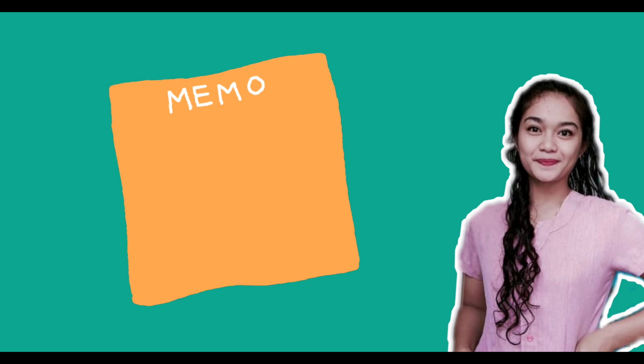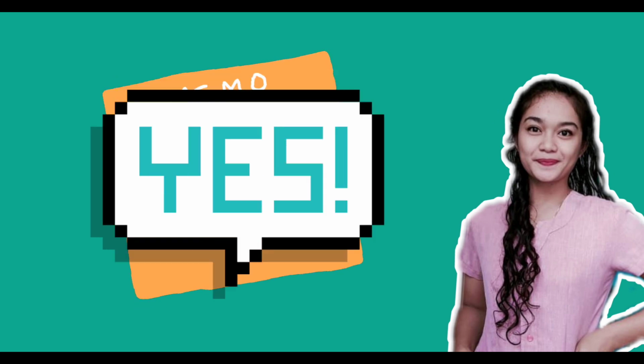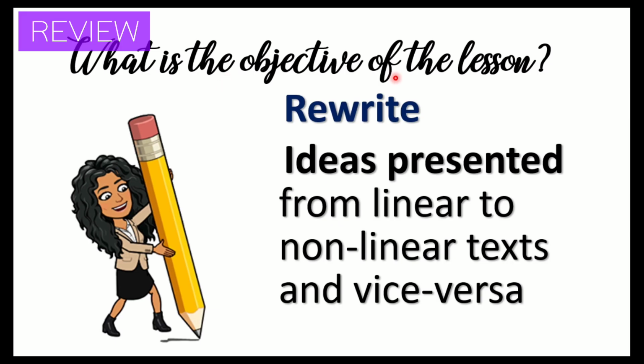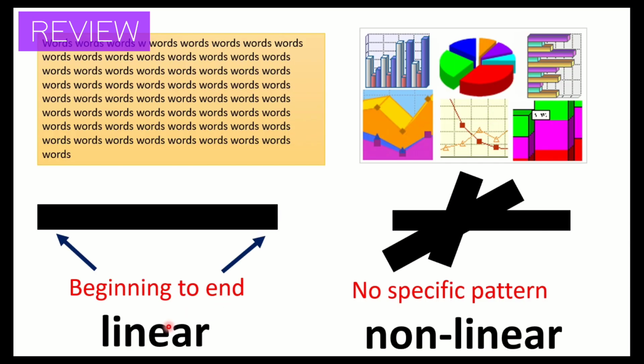Good job. Now let me see if you still remember our objective. Again, linear text has beginning to end and mostly expressed in words, while nonlinear text has no specific pattern as you read them, and they are mostly presented with shapes and lines and bars and other things and images.